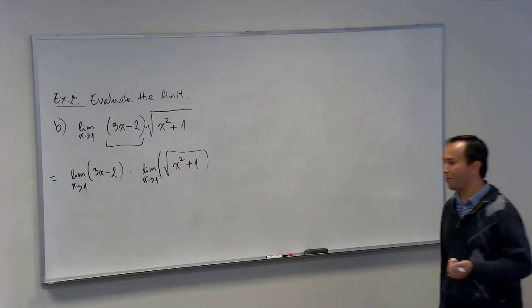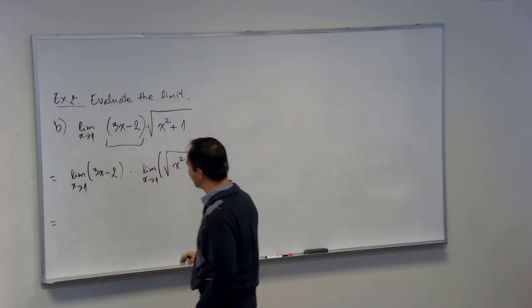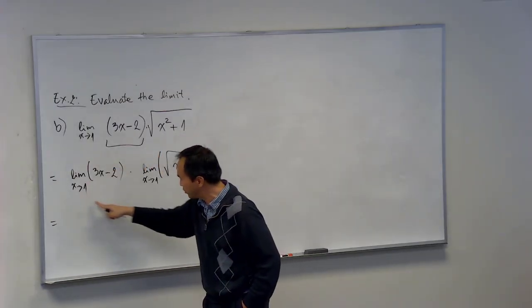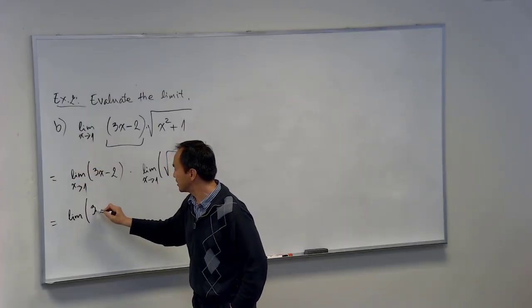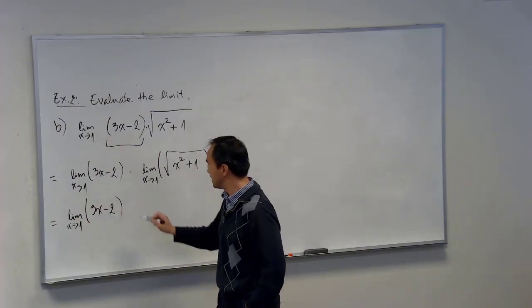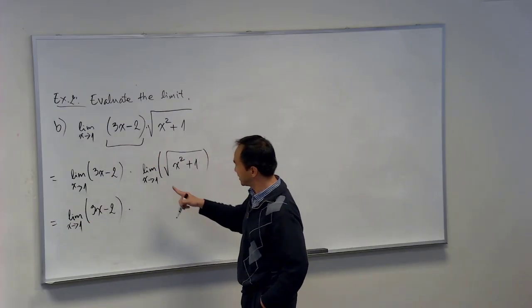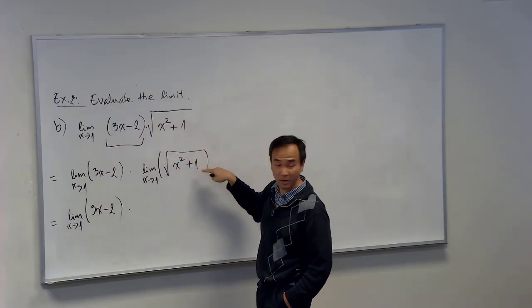All right, so now applying the next limit law that we've just learned, allow me to leave this here for now. I'm leaving the limit for the 3x minus 2, same here, as x approaches 1. But on the next one, I'm going to multiply. See, this is a square root of a function, x squared plus 1, inside of it.